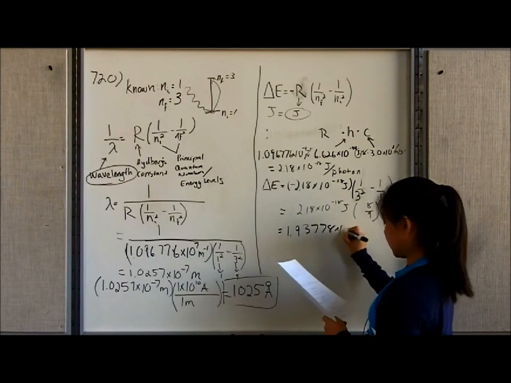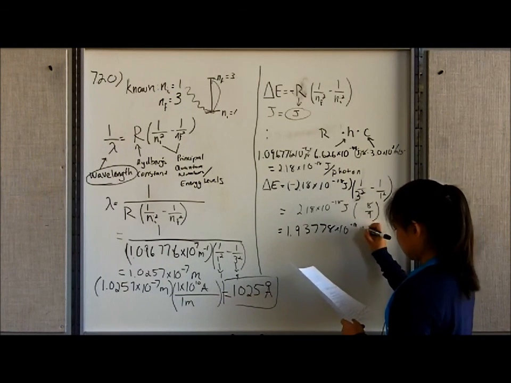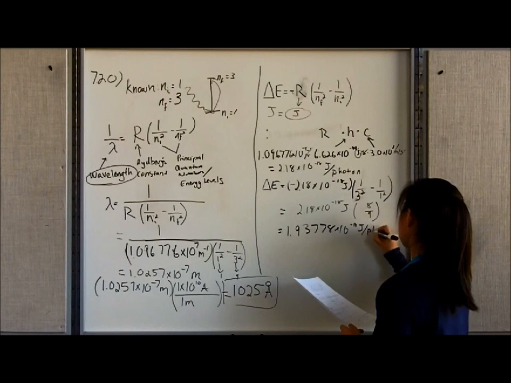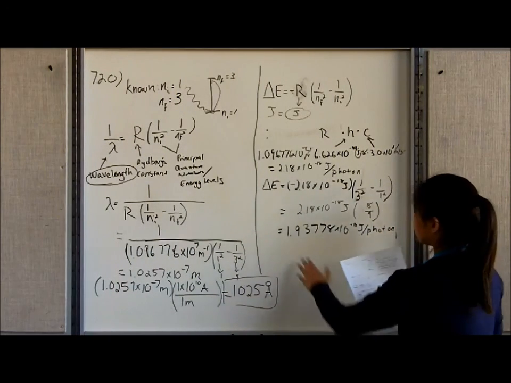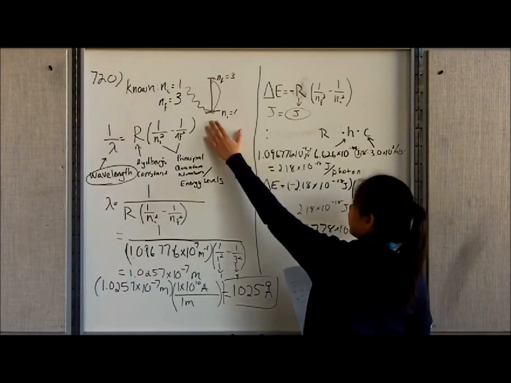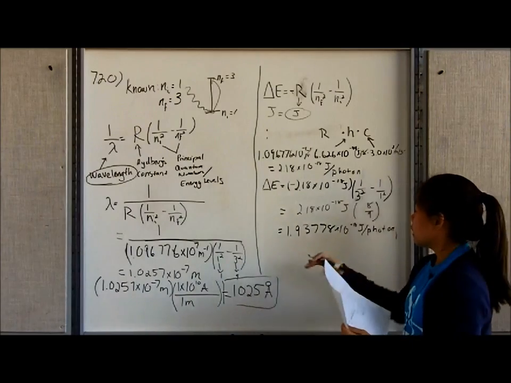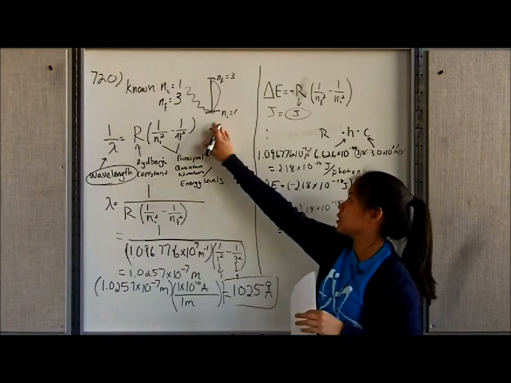1.93778 multiplied by 10 to the negative 18 joules per photon. And this makes complete sense because a positive energy difference means that you're adding energy to it, right? So if this is positive, it means that I'm adding energy to this hydrogen atom, which makes complete sense.